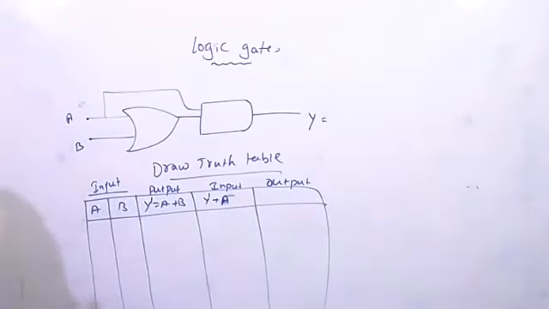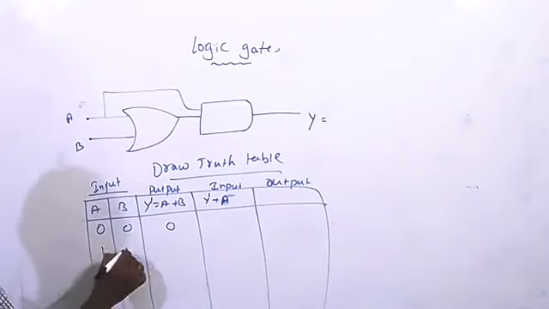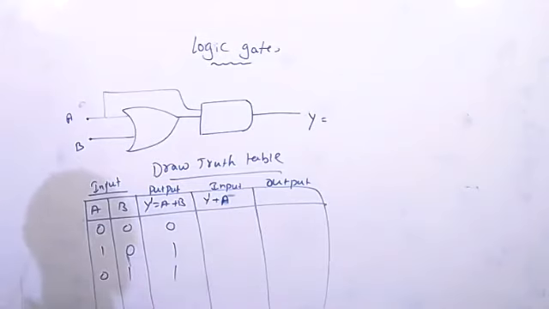Now if I give 0 and 0, it will be 0. 1, 0, it is nothing but 1. 0, 1, 1, 1, 1. You will get 1. It will be how much?